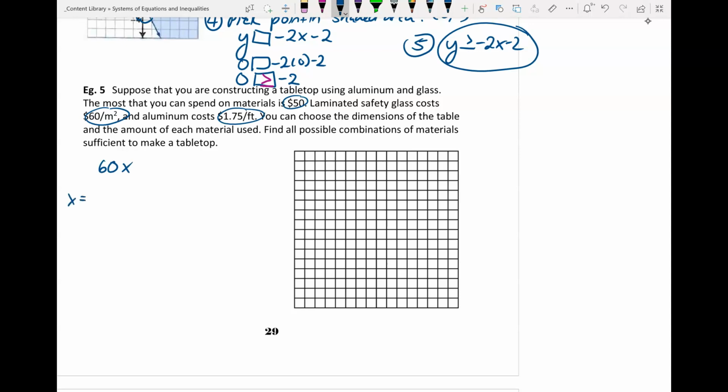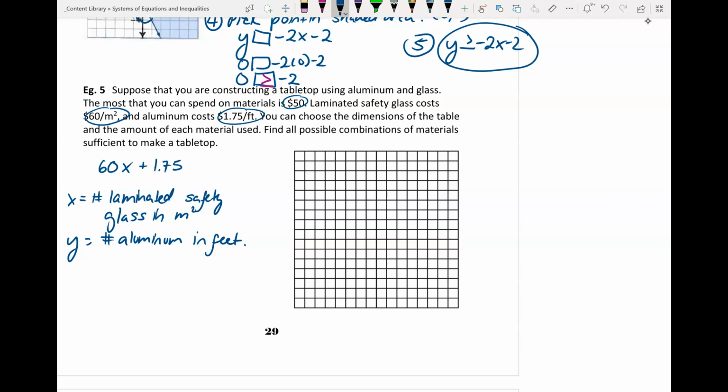So x is your number of laminated safety glass in meters squared, which means y is going to be the aluminum in feet. So that's 60x plus our cost for aluminum, 1.75 per foot, and all of this has to be less than or equal to $50.